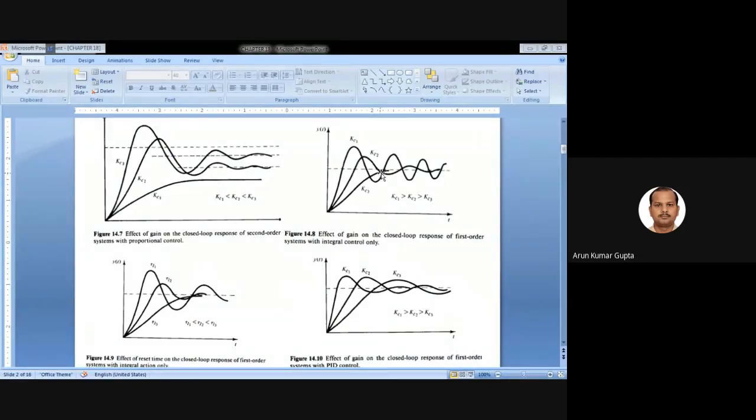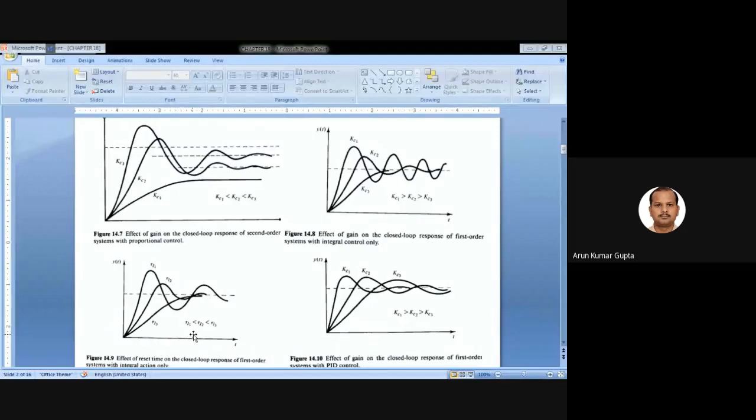So the advantage of increasing the Kc is that we are decreasing the response time or rise time, but oscillations are more.